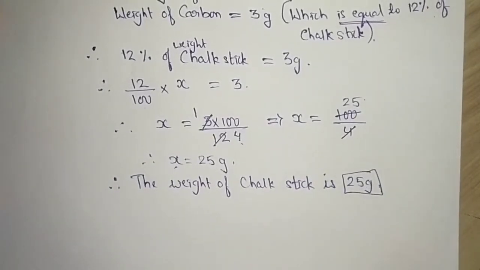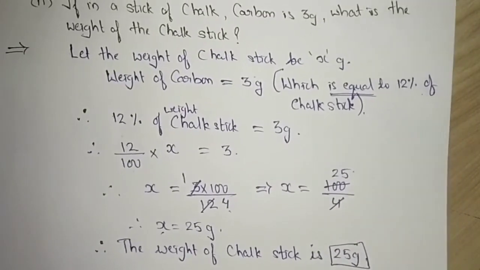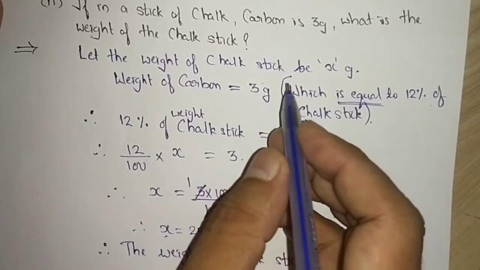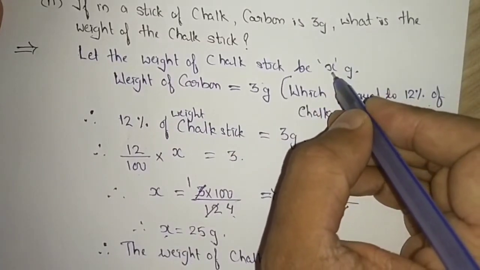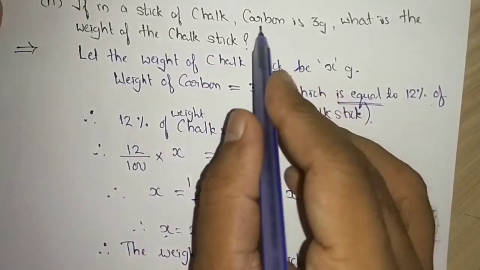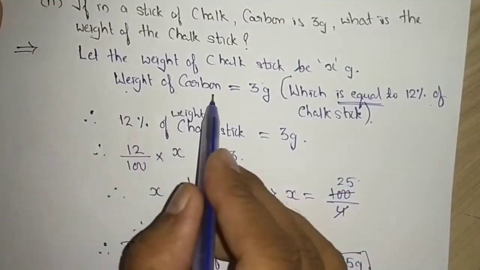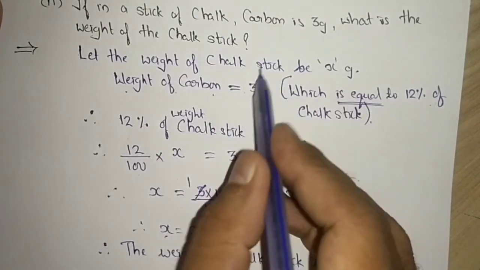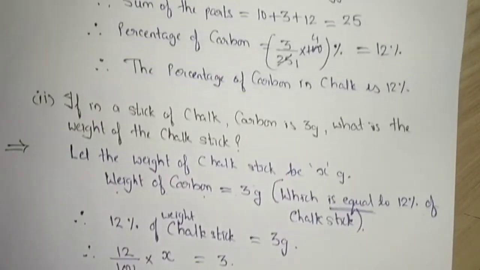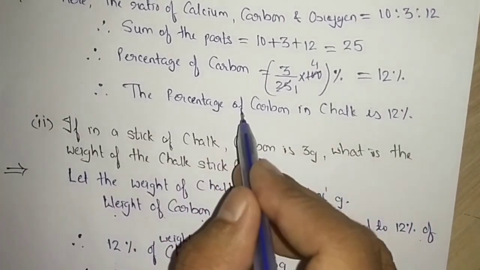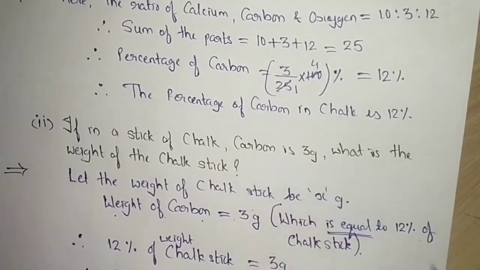Let me again tell you how we have solved this part. We are supposed to find the weight of the chalk stick, so we have taken it as x gram. They have given us the weight of the carbon, so I have written weight of the carbon is equal to 3 gram. But this 3 gram is nothing but 12% of the chalk, since the percentage of carbon in chalk is 12%.